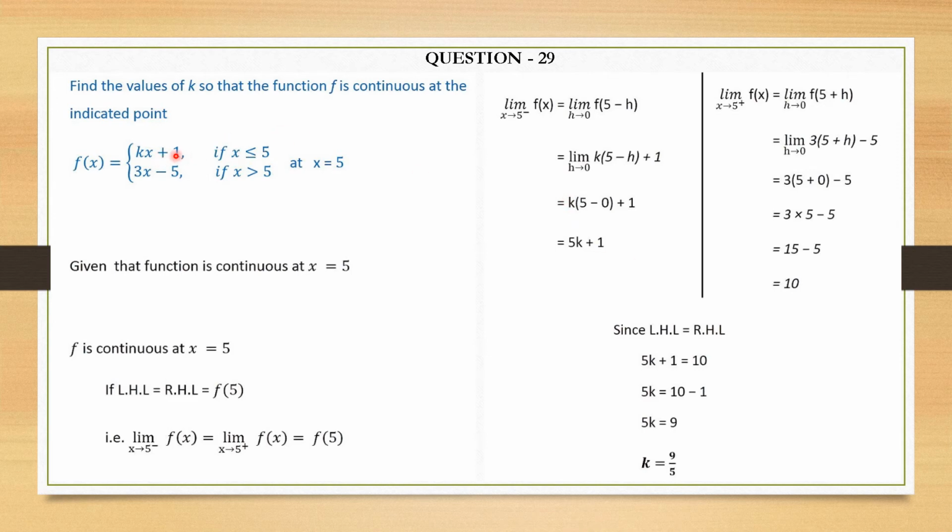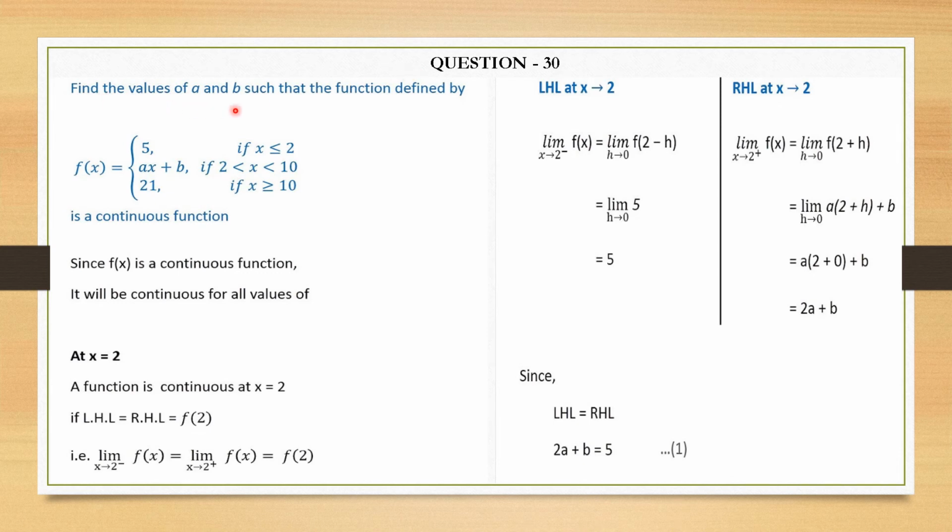Similarly, f of 5 will also be 5k plus 1, and the right one is 3 times (5 plus h) minus 5. You have to put x equal to 5 plus h. So this becomes 3 times 5 minus 5, that is 10, and equating both of them, you will get k as 9 by 5.